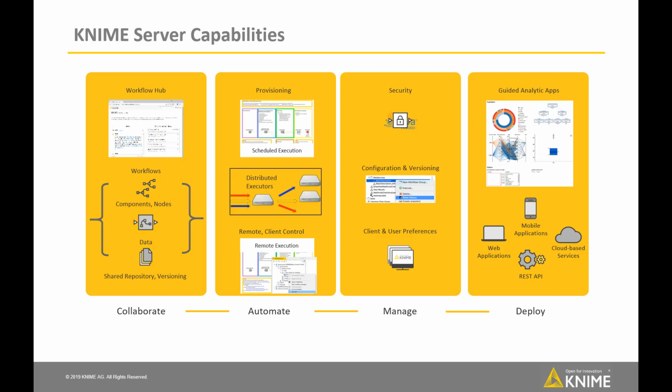Making sure that people who shouldn't have access to data and workflows don't, and that the people who do need particular access do have it. Being able to maintain some control over configuration of both the server and the analytics platform, as well as some version control. That's all stuff that KNIME Server can help you deal with as an IT admin type of person.